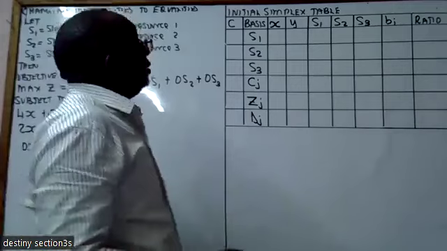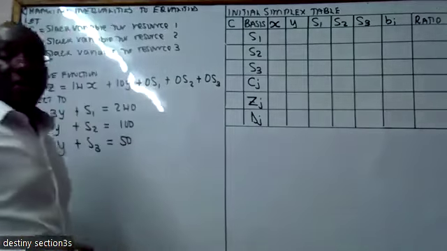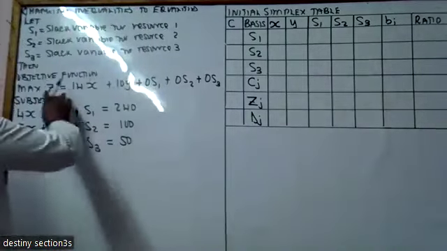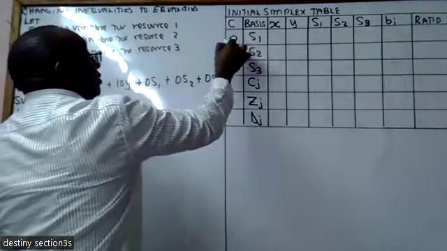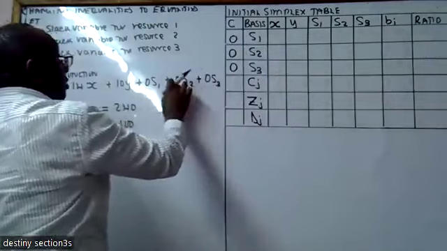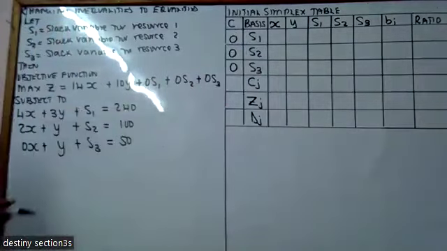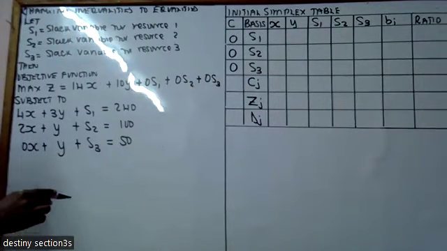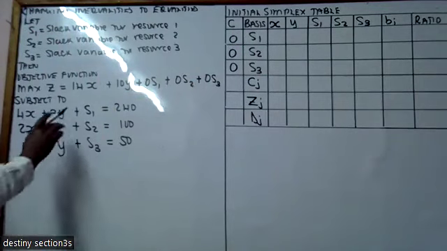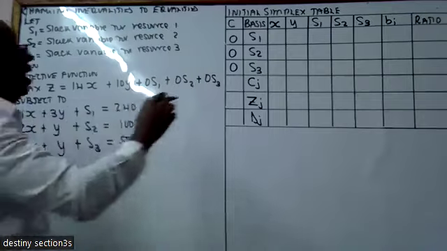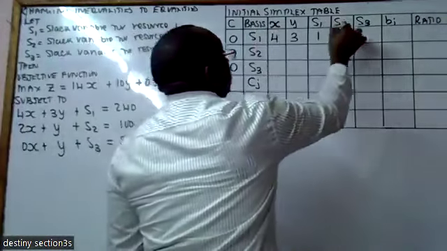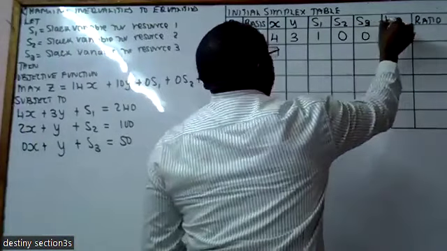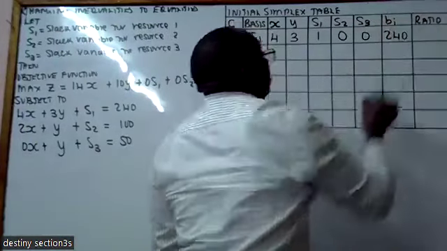So now we put these values for the S's, the contribution margins are zeros. Then for S1, you bring these values here, 4, 3, 1, 0, 0, and the total here is 240.